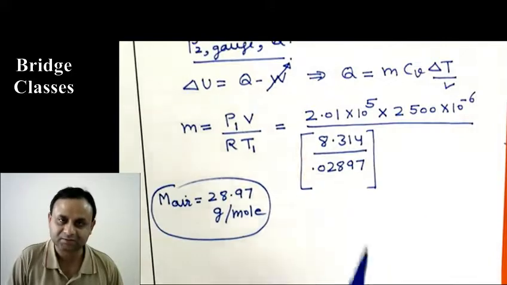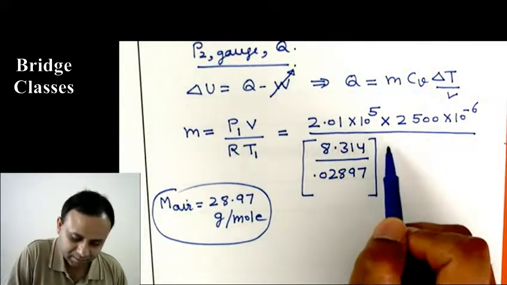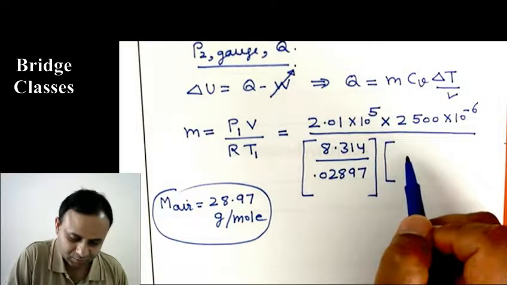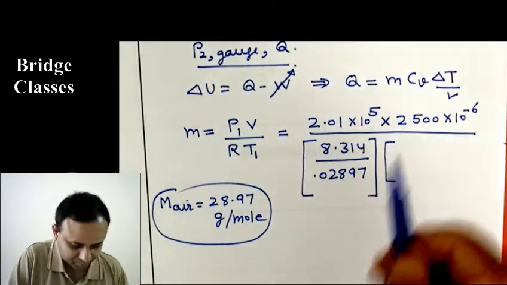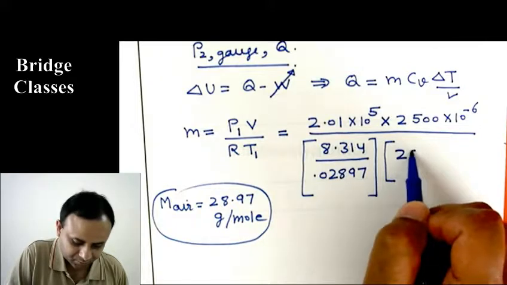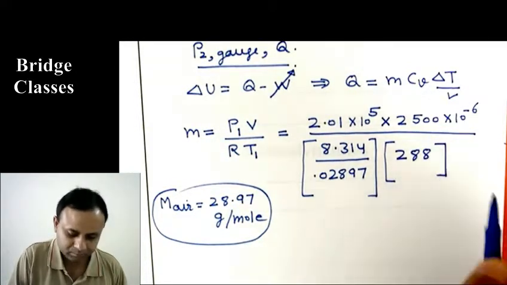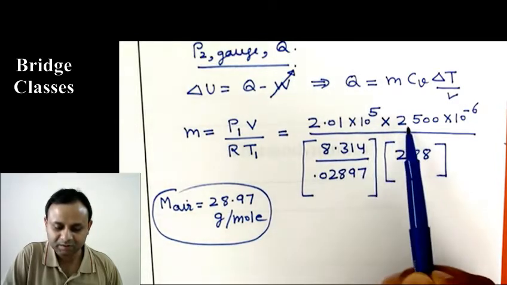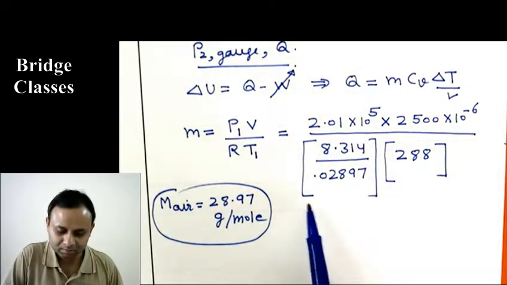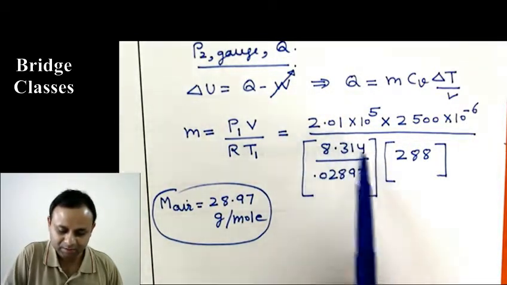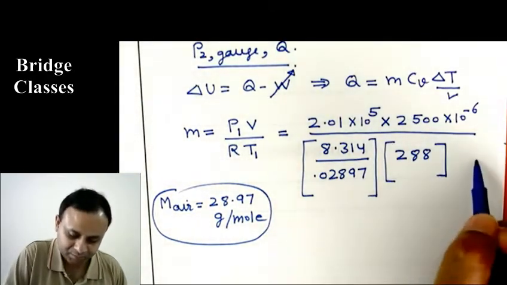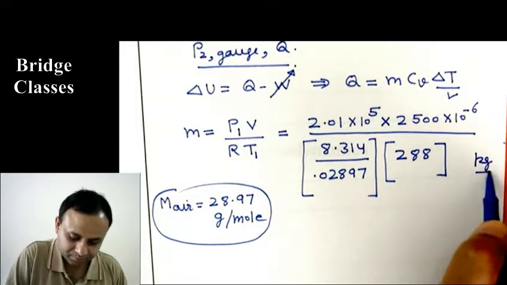We are being consistent with units here. Temperature is 15 degrees C, so you add 273 and it becomes 288 Kelvin. So pressure is in Pascal, V in cubic meter, the gas constant in consistent units, and temperature in Kelvin. So we are going to get m in kilogram.